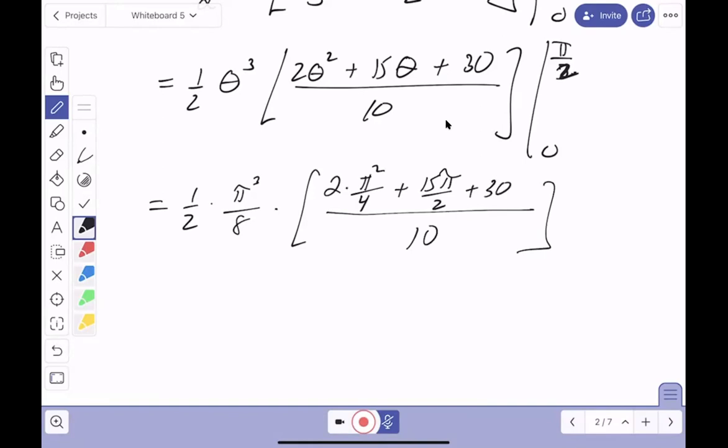Okay. Let's see if we can do it. Pi cubed. Let's see, 2 times 8 is 16. 16 times 160. And then I got this over here. Pi squared over 2 plus 15 pi over 2 plus, did I do that right? 2 pi squared over 2, 15 pi over 2 plus 60, right? Over 2.